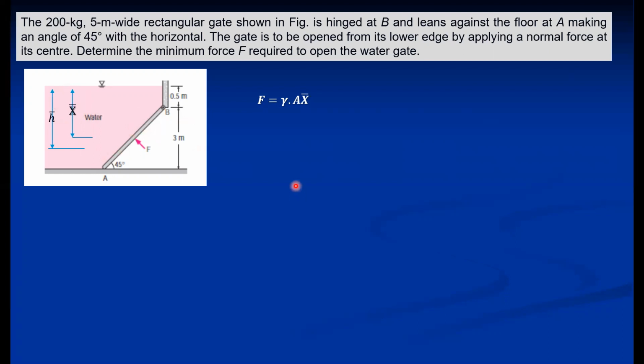So one thing you remember, whenever there is a numerical on hydrostatic surfaces, two expressions are a must. Even if you cannot solve the numerical, only writing the two expressions will give you at least 2 marks. That is the expression of F and the expression of h bar.